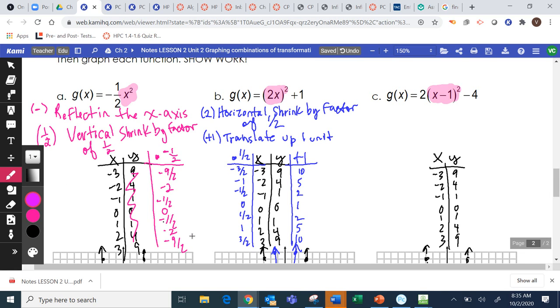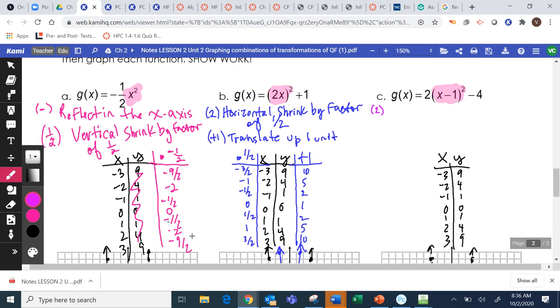So I've got a 2, a -1, and a -4. Brooke, I would like you to pick 2, -1, or -4 and tell me about it. The 2 would be a vertical stretch. Okay, so you're going to say vertical stretch, but there's more to say. By a factor of 2. Thank you. By factor of 2.